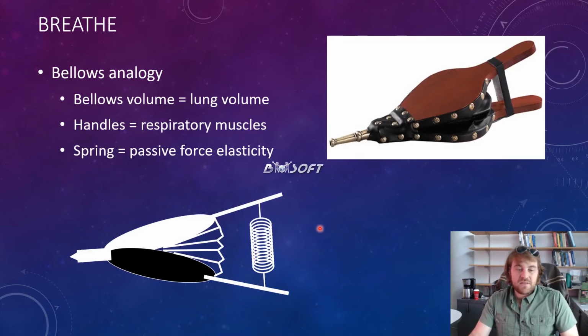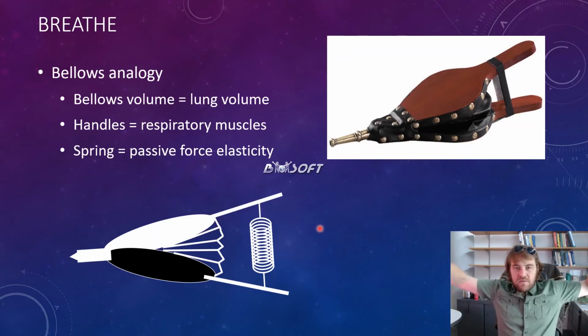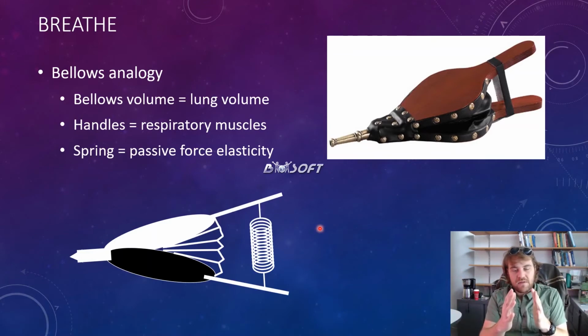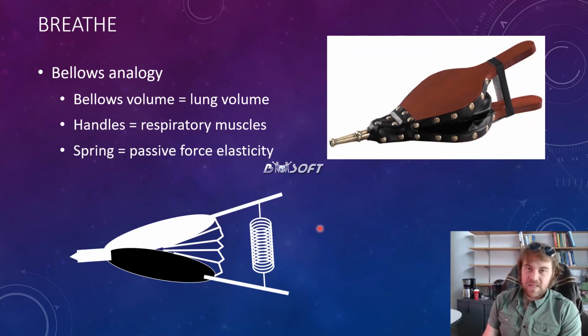And what that spring does is it kind of keeps the bellows in an equilibrium state. If you push it all together and force all the air out, it's going to pop back out a little bit. If you pull it all the way out and then just let go, it's going to push the air back out and go back to its resting expiratory level. So you can think of it that way if that helps.